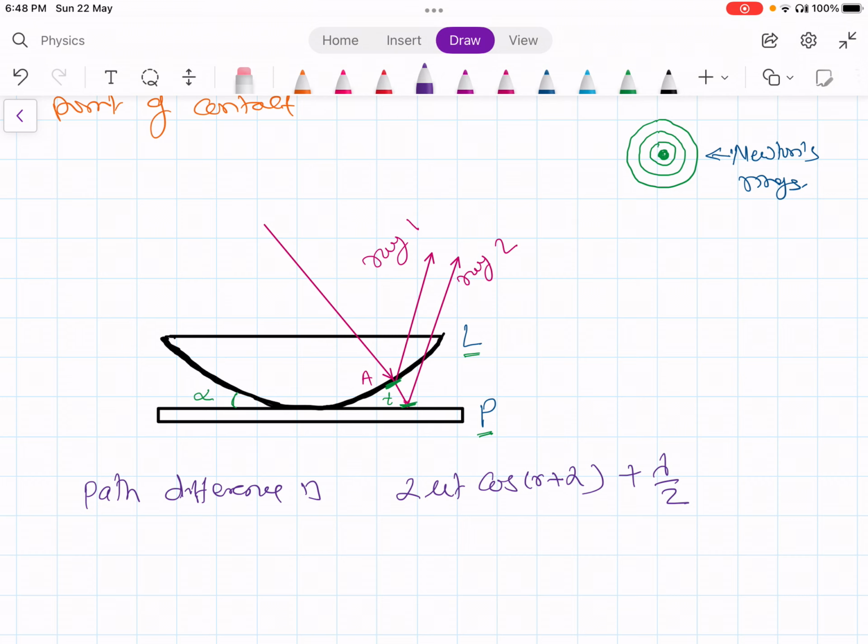As the film is an air film, we have added lambda by 2, as the second ray is reflected from the glass plate, which is the denser medium.